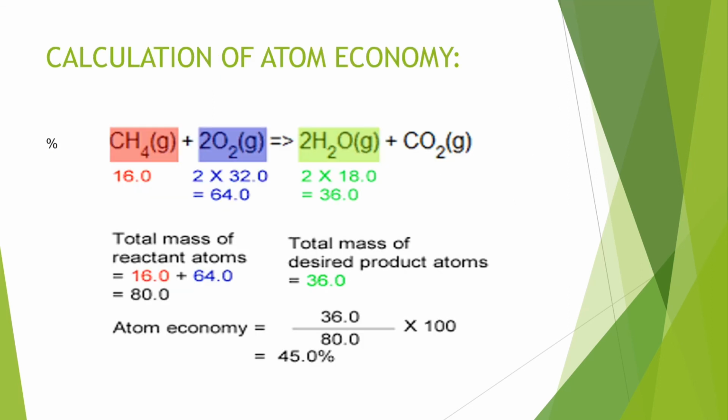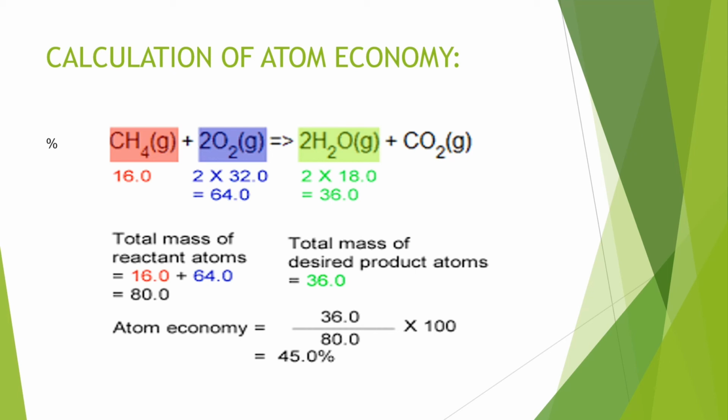How do we calculate it? Suppose this is a reaction: methane reacts with oxygen and water and CO2 is formed. How can we calculate? This is the molecular formula of CH4: carbon is 12 plus 4, 16. 2O2 is 2 times 32, 64.